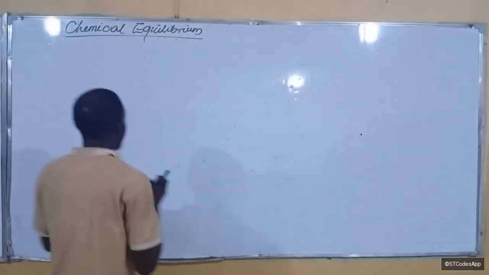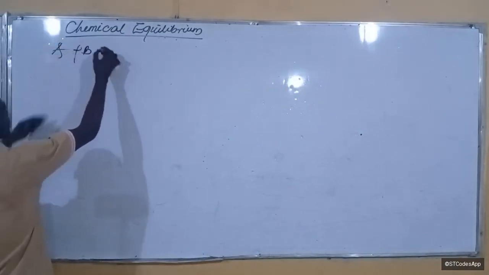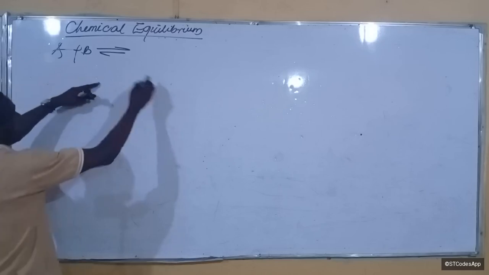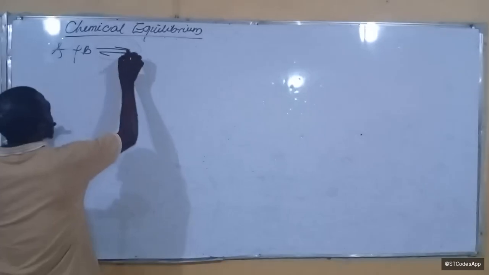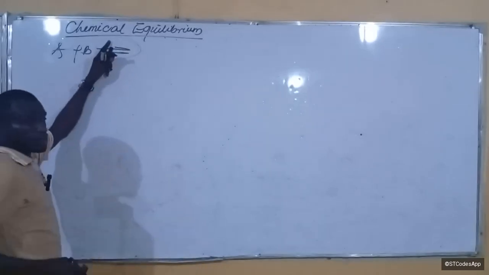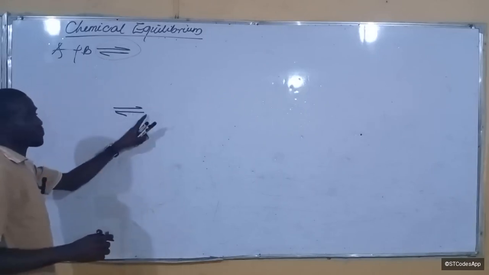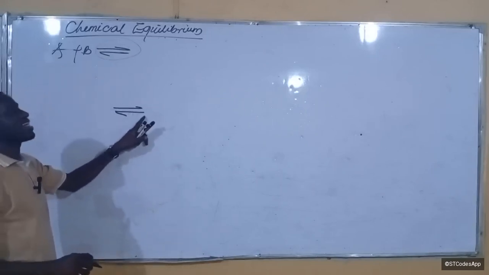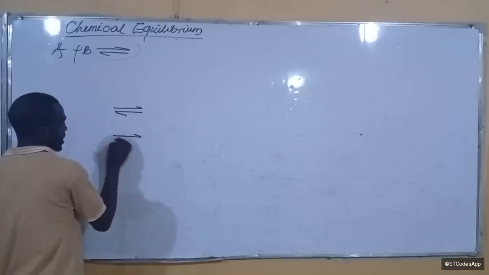So you already know that in a chemical equilibrium, if I have this chemical reaction to be in equilibrium, these are the arrows we use in representing them, okay? And of course, these arrows are of two types. We have the one where the two half arrowheads have equal length, and we have one where one is longer.